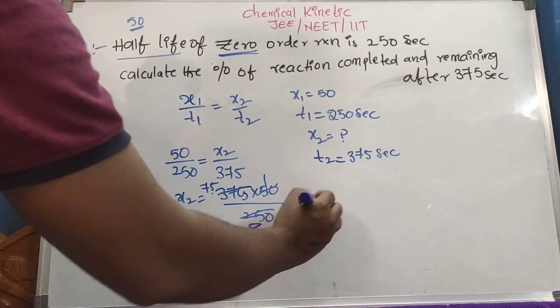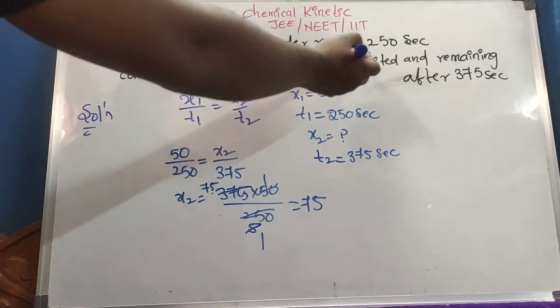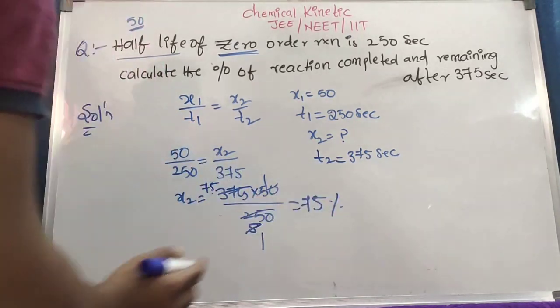So x2 equals 75%. So the percentage of reaction is 75%.